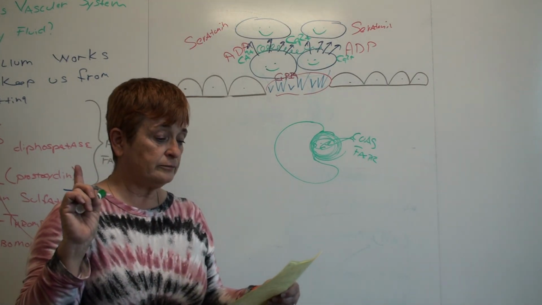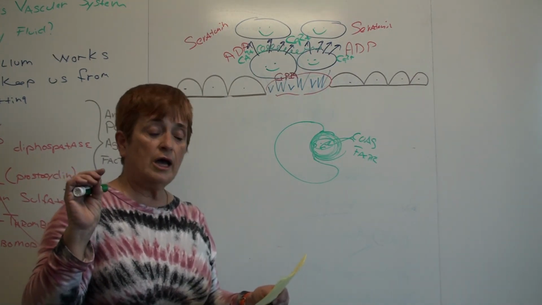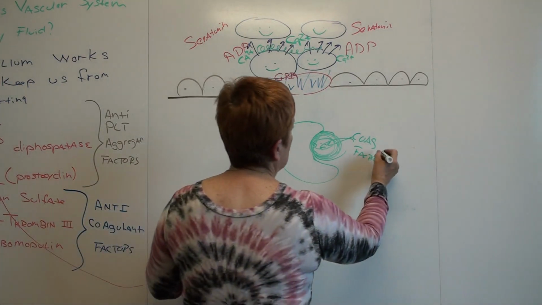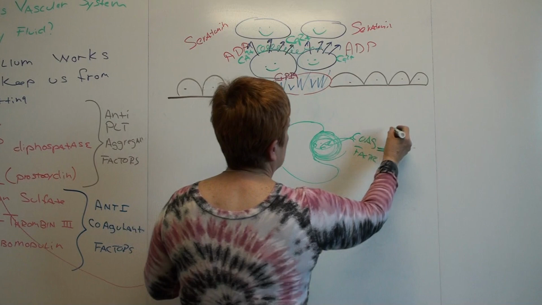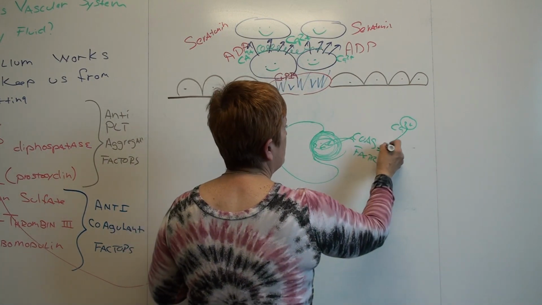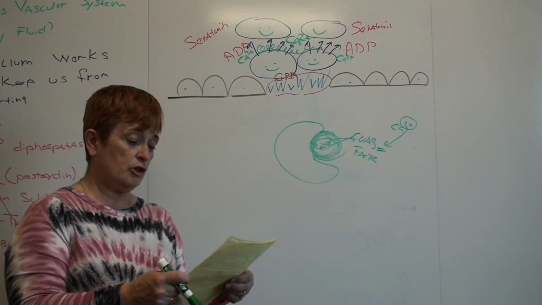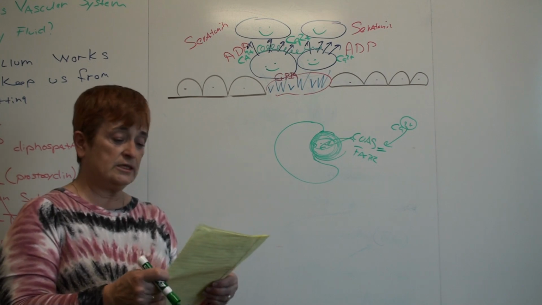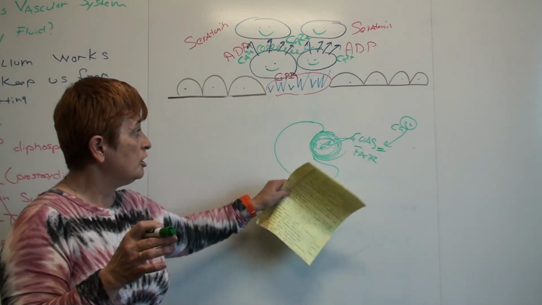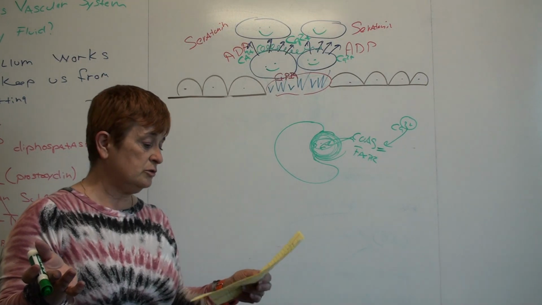My coagulation factors have a negative charge. And what's calcium? Positive charge. So when you have a positive and negative, they are attracted to each other. That's what gets them to stick together. The negative charge on the coagulation factors is coming from glutamic acid residues.